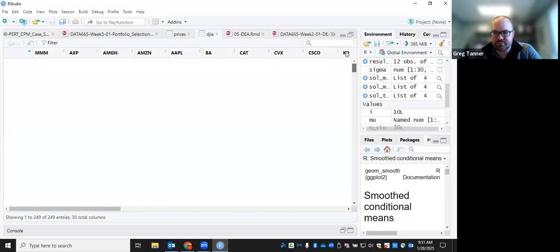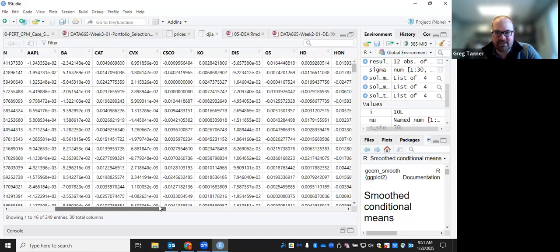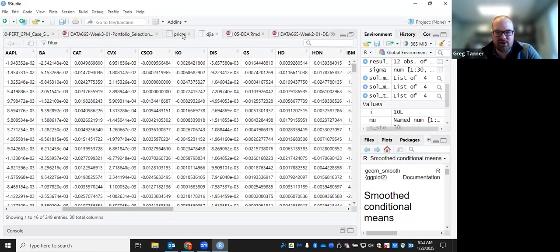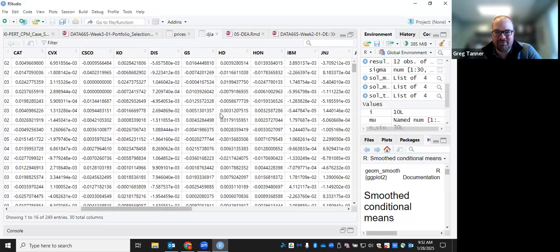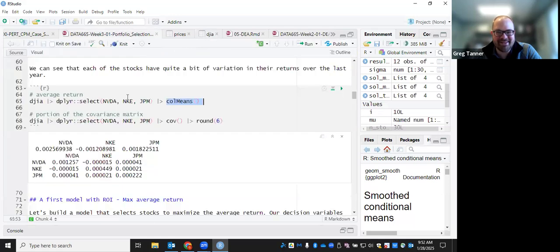If you know a little bit about stock tickers, you can kind of decipher which one's which. I had to look up most of them, unless they're super obvious ones like IBM. And so here we can see NVIDIA had an average daily return of about 0.25%.